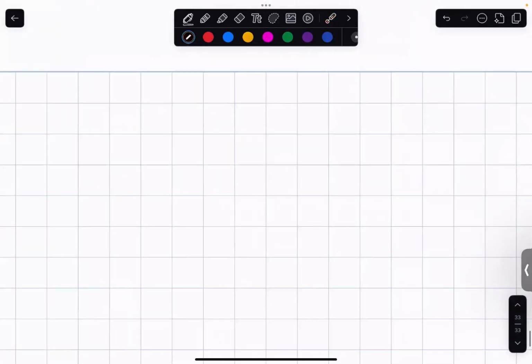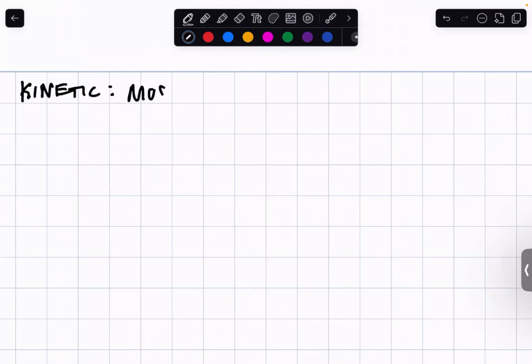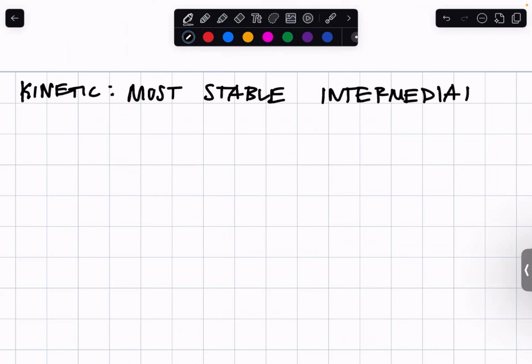So let me give you guys my step-by-step process on what I think about when I think about kinetic versus thermodynamic. The kinetic product will come from the most stable intermediate. And there are different types of intermediates: a carbocation intermediate, a radical intermediate, and an anion intermediate.